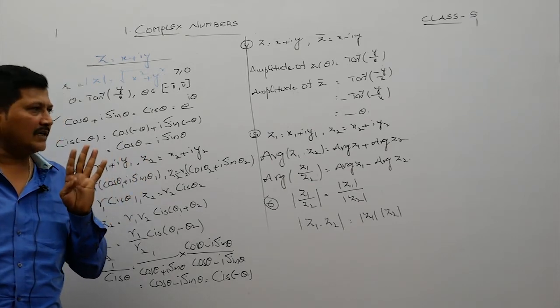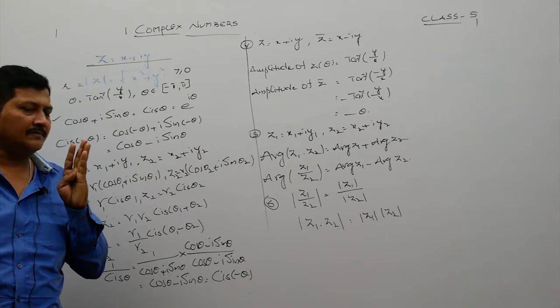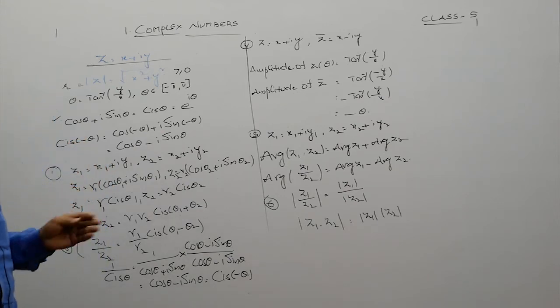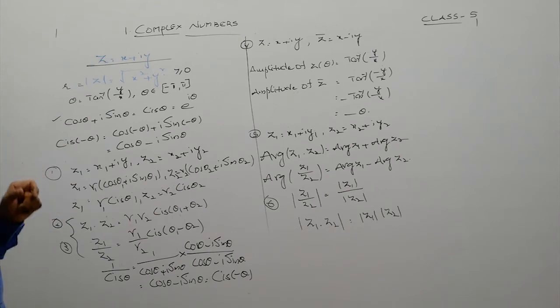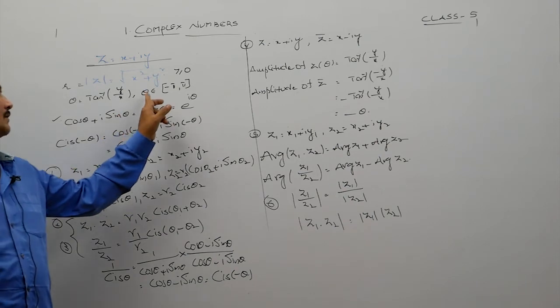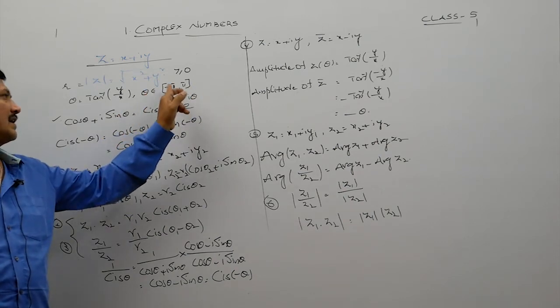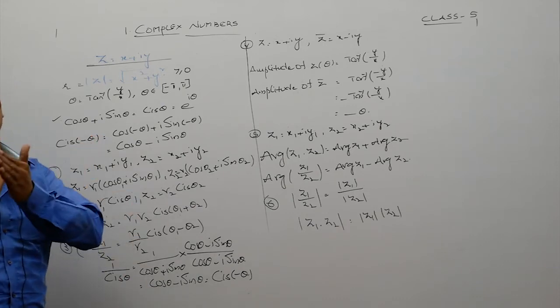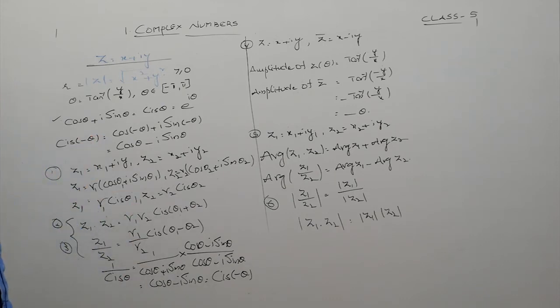In quadrant 1, sine and cos are positive. In quadrant 2, sine is positive, cos is negative. In third quadrant, sine and cos both are negative. But here the principal value of θ lies in between −π and π. We know that in third quadrant the angle is more than 180 as well as less than 270. So we don't take the principal value in third quadrant.